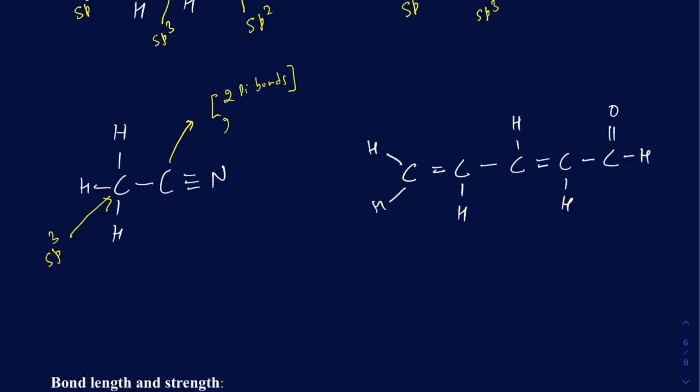So another way of saying, you've got 2 unhybridized orbitals on this carbon, and if there are 2 unhybridized orbitals on the carbon, you must have 2 unhybridized orbitals on the nitrogen as well, so that they can do a so-called side-wise overlapping to make the pi bond. And as a result, anytime you have a carbon with a triple bond, it's going to be an sp hybrid, where it's going to be linear in shape and the bond angle is going to be 180.